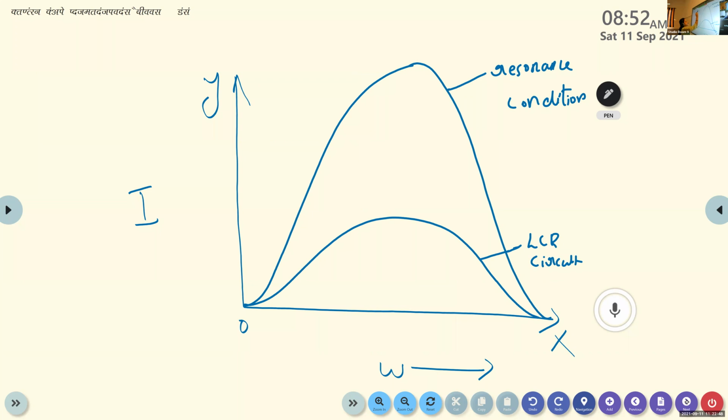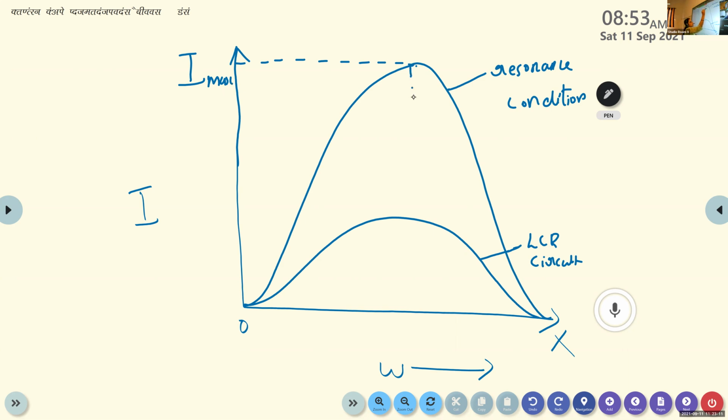So this is the maximum value of the current. We can mark the maximum value of current in the graph. Corresponding to this peak, we get the maximum value of current, and this maximum value of current is obtained for the LCR circuit under the resonance condition.